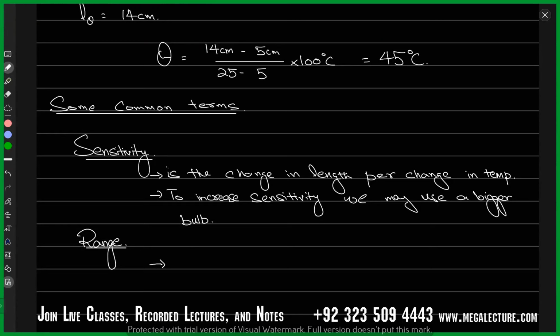So the range of this thermometer was from 0 to 100. It can record from 0, 1, 2, 3, 4 up to 100. So the range is defined as the maximum temperature minus the minimum temperature.